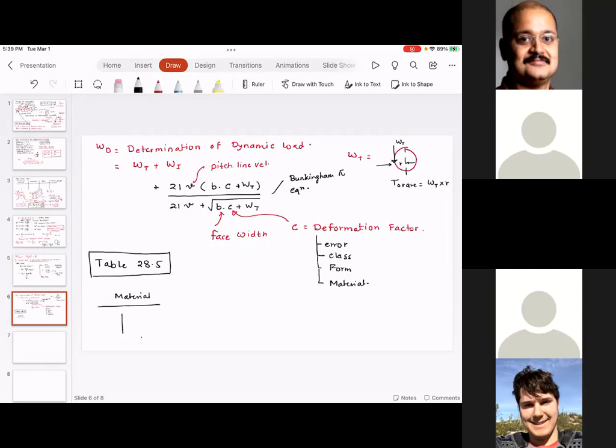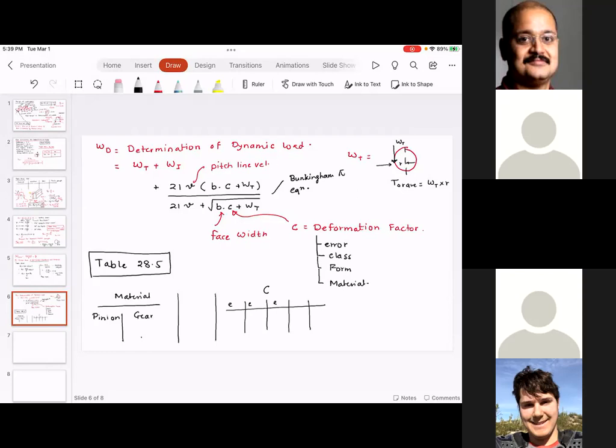And for this material, you have the pinion material, the gear material, the tooth profile, and then the values of the deformation factor for different values of error. Now, this error is called the tooth error in action.